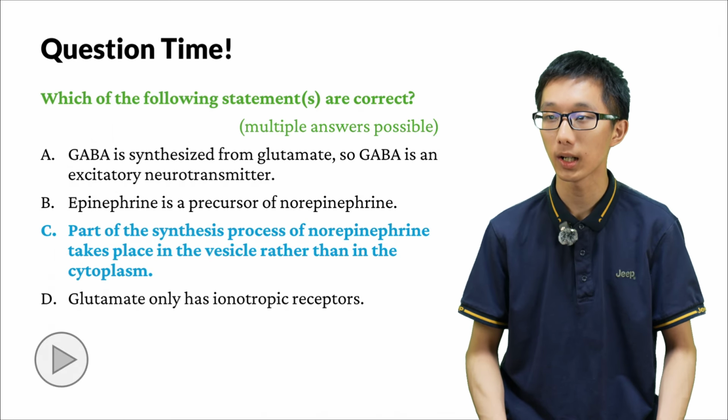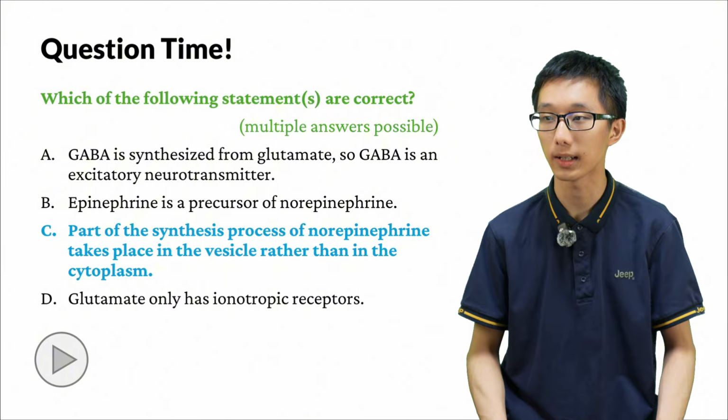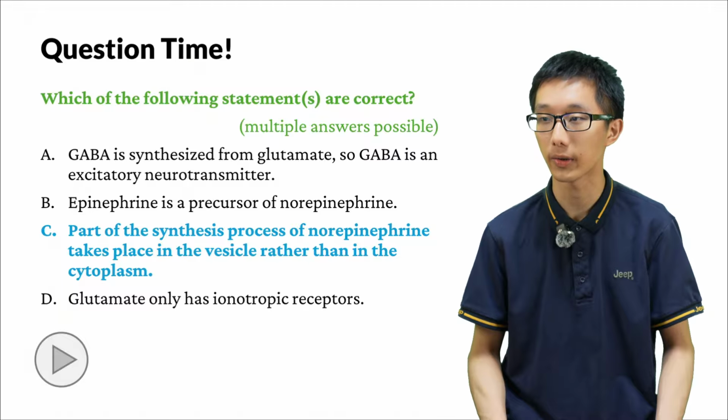For A, GABA is synthesized from glutamate. That is true, but GABA is an inhibitory neurotransmitter, while glutamate is excitatory. B. Epinephrine is not a precursor of norepinephrine. On the contrary, norepinephrine is a precursor of epinephrine. C. Yes, part of the synthesis process of norepinephrine takes place in the vesicle.